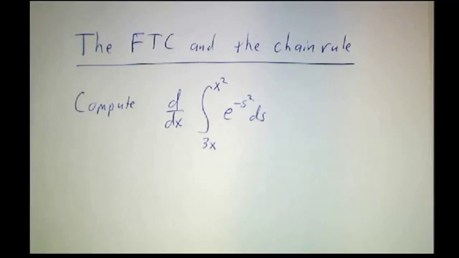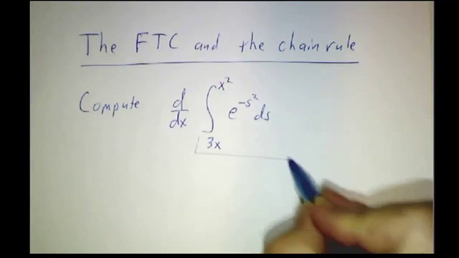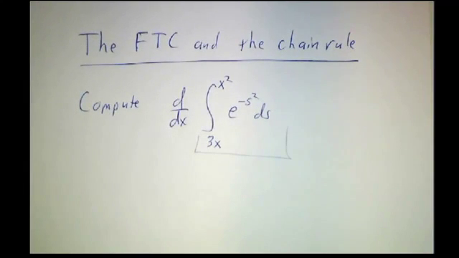And at first glance this looks horrible. How are you ever supposed to find that integral? And then once you find that integral, how are you supposed to take its derivative? In fact, we know that the integral does make sense. We know that there is an antiderivative of e to the minus s squared. We just don't know the formula for it.